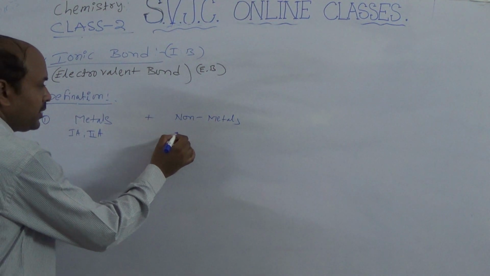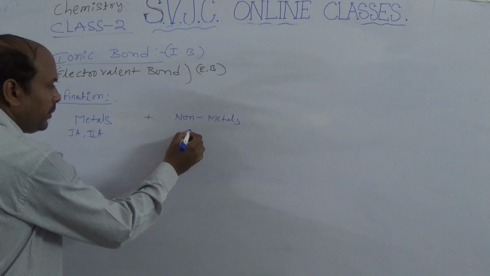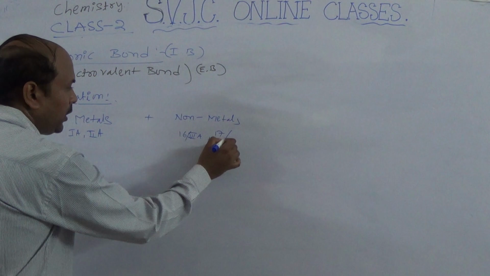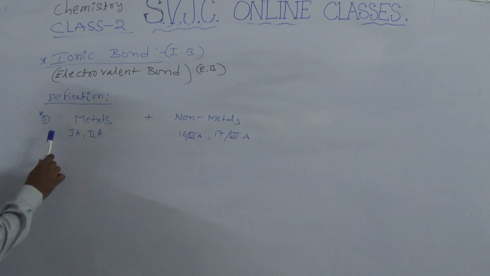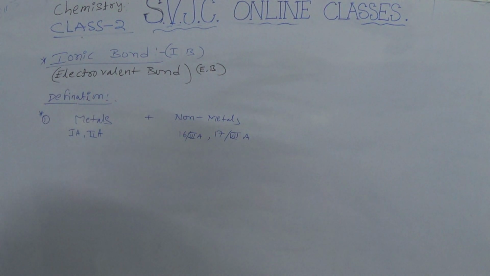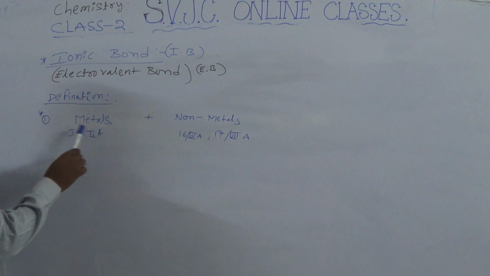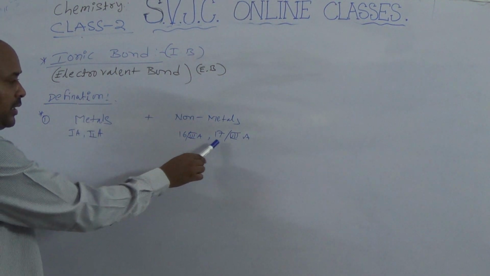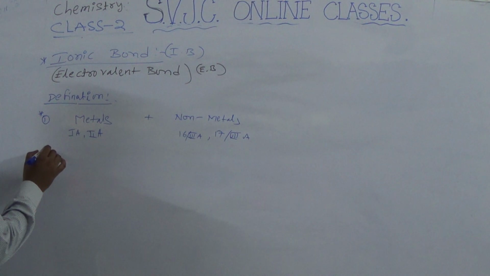The best examples of non-metals are the 16th group, that is 6th A group elements, and 17th group, 7th A group elements. So ionic bond especially exists between these two groups.